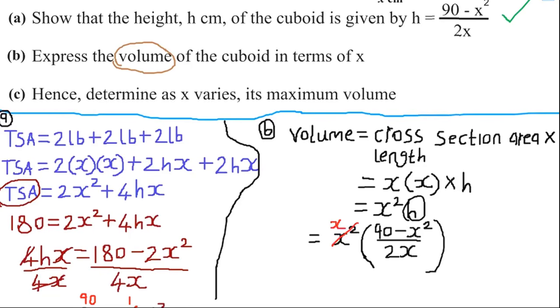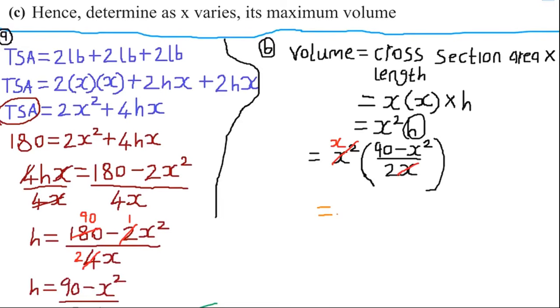After that, let's try to simplify. x squared divided by x is x, and 2x divided by x, you are simply going to remain with 2. Upon writing that, when you multiply x by 90, it will be 90x, and then when you multiply again there, you are going to remain with x cubed over 2.